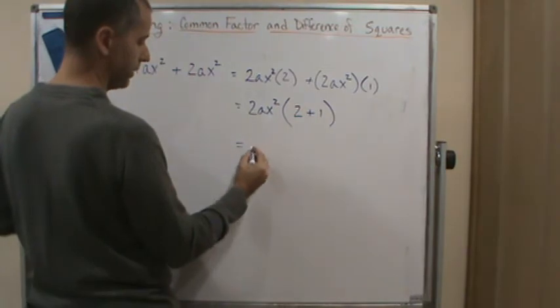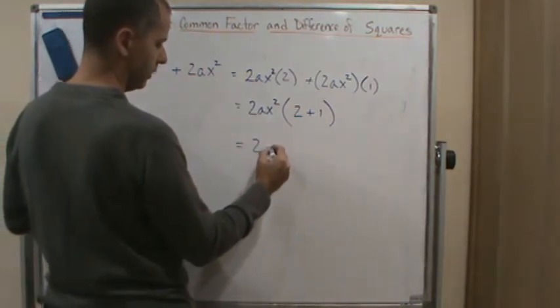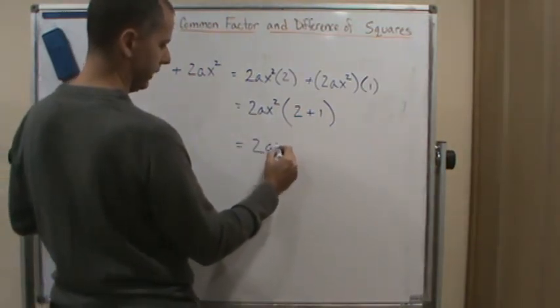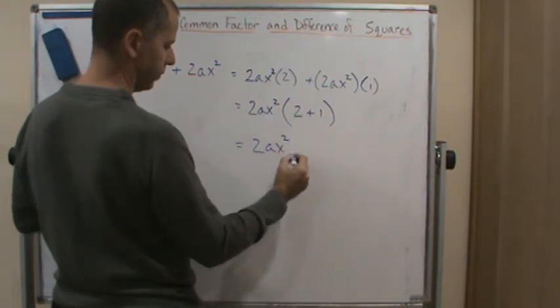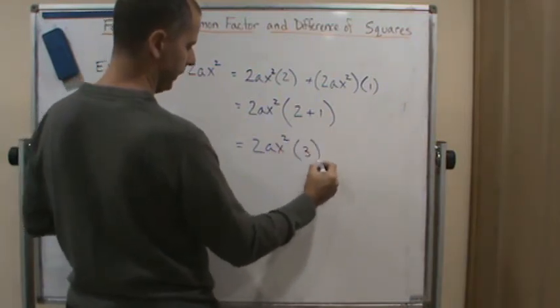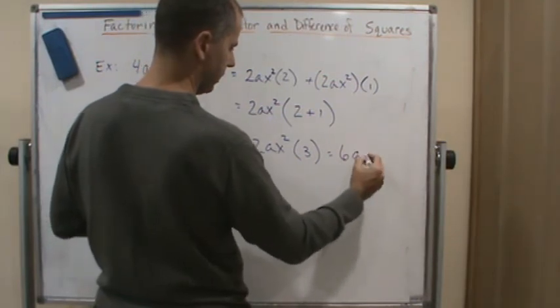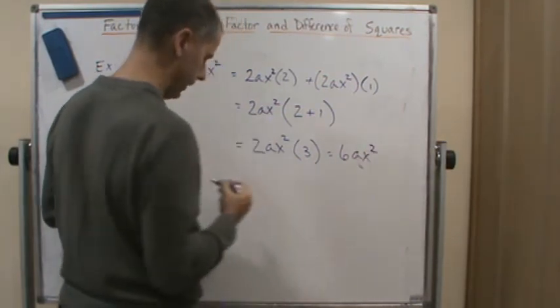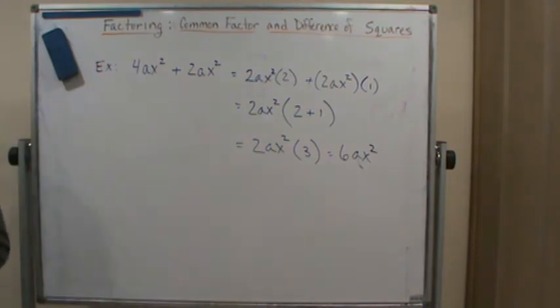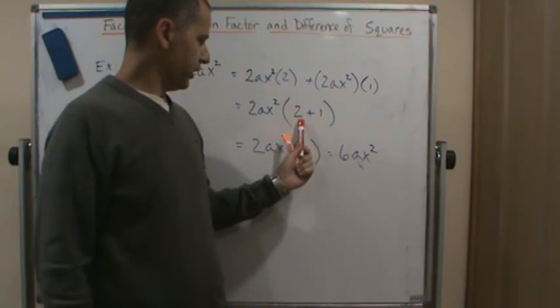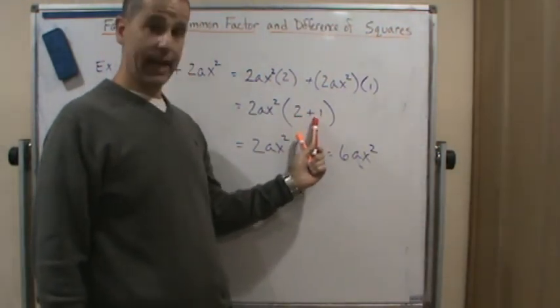Which equals what? 2ax squared times 3, which equals 6ax squared. But the main purpose of this isn't the fact that we got 6 times ax squared, but making sure that you saw that the 1 has to be there.